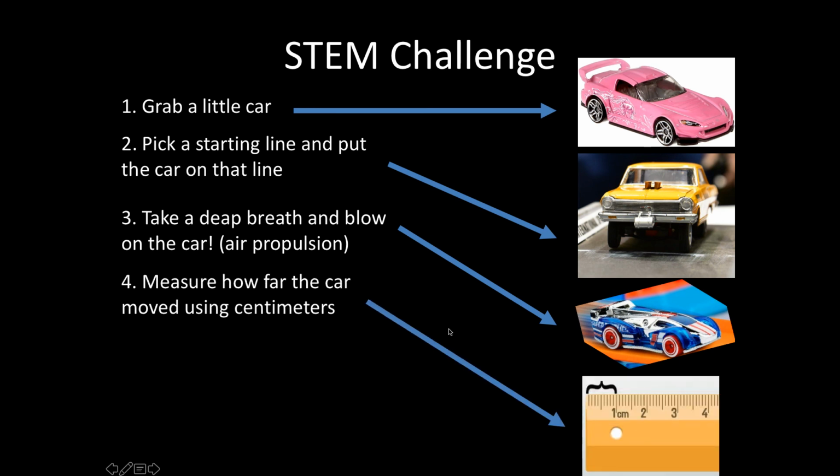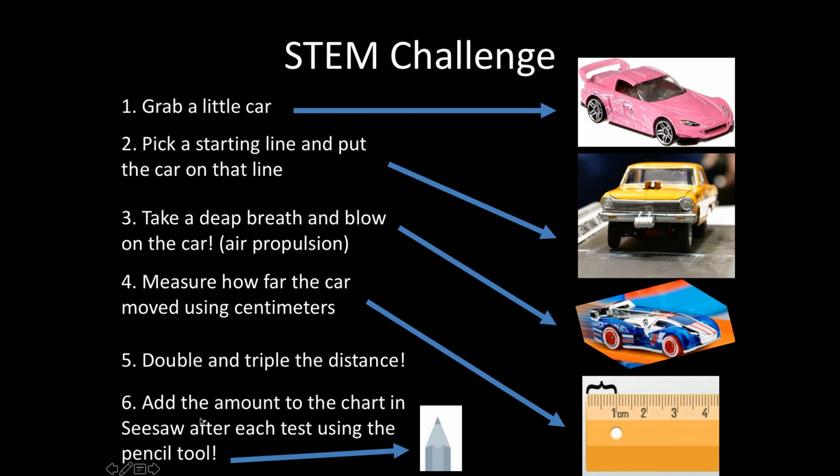Then you're going to, using a ruler, measure how far the car moved using centimeters, okay? So you can grab your ruler or a meter stick, and you're going to measure how far the car went using centimeters. In step 5, you're actually going to double and triple the distance the car moved, okay?